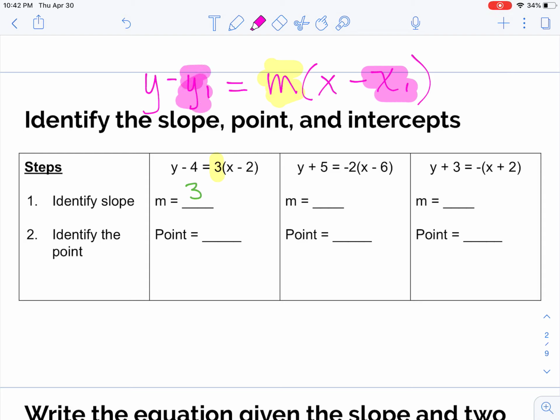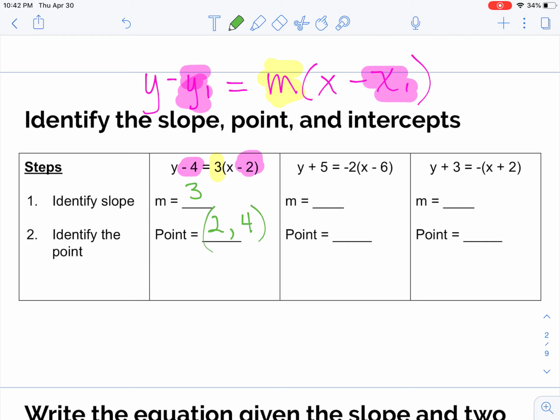My x value is always going to be the opposite of whatever it looks like. So my x value is 2, and my y value is 4 here.